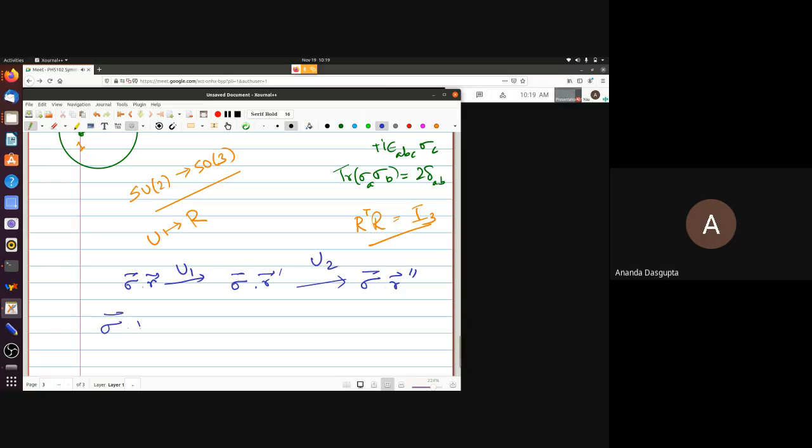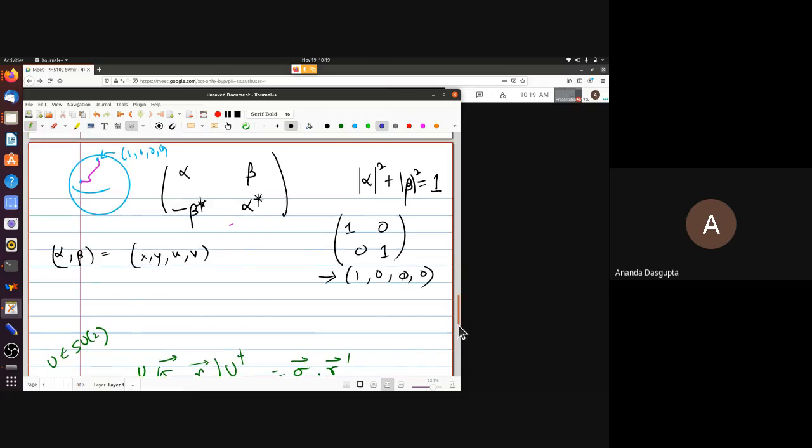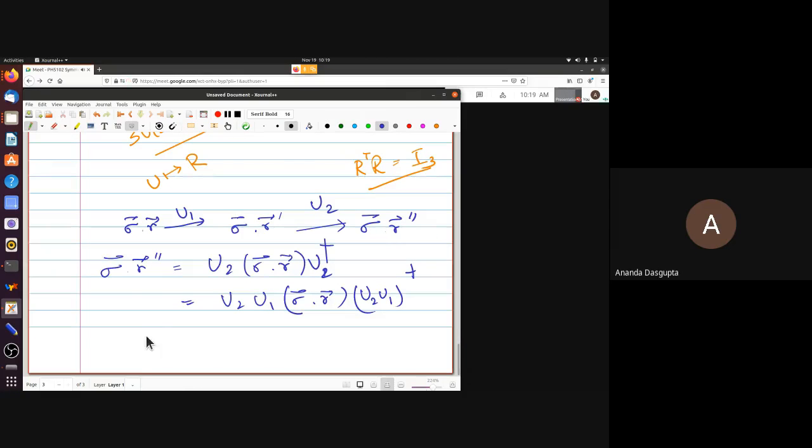So what do you get? You get sigma dot R double prime is U2 U1 sigma dot R U1 dagger U2 dagger, which is of course (U2 U1) dagger. And what this shows is that R double prime is actually R2 R1 R, right?